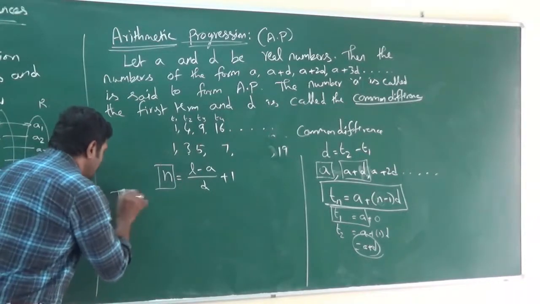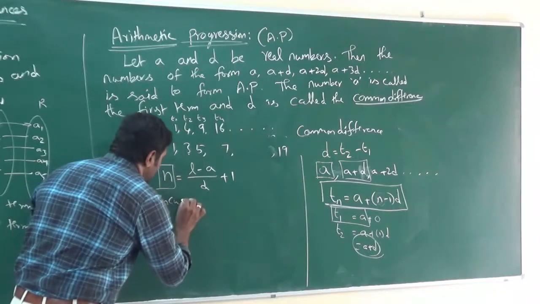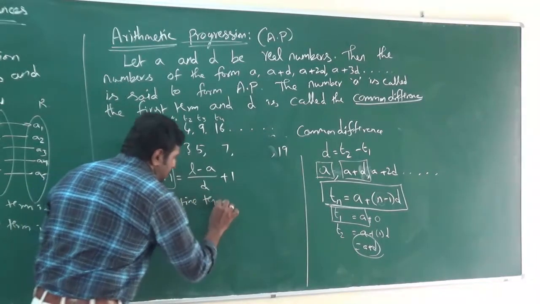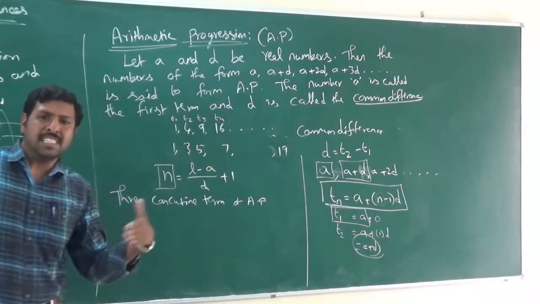Next, the three consecutive terms of AP. Consecutive means next numbers, right?